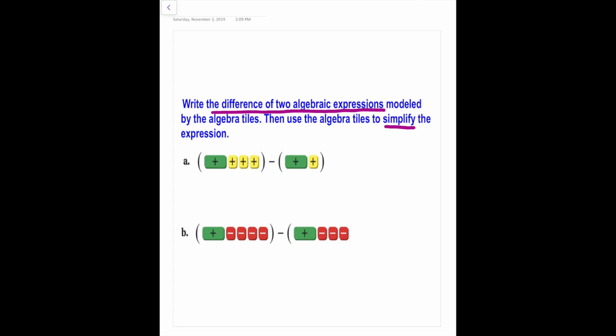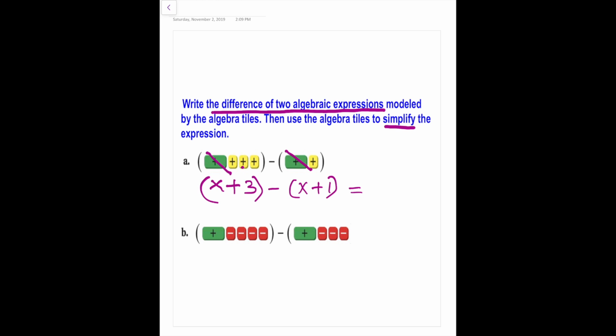So let's look at the algebraic expressions. This is x plus 3 minus x plus 1. So you're taking away 1x plus 1 from 1x plus 3. So I have 1x and I'm taking away 1x. So that will give me 0x.